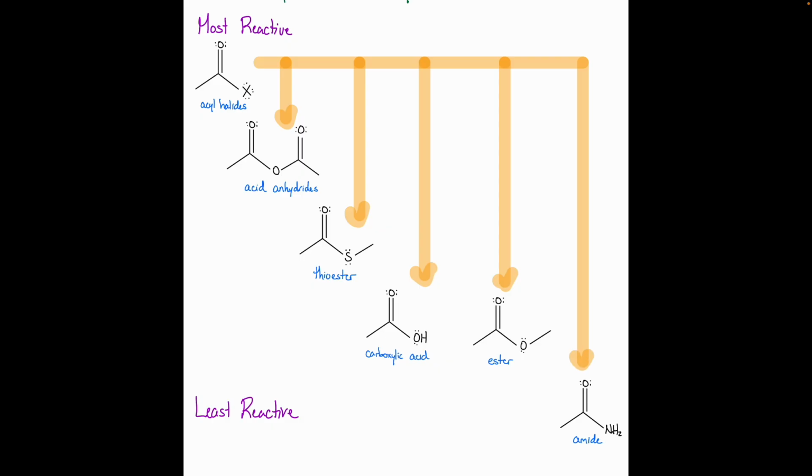All right, so how are we going to do it? Well, let's take a specific example. We're going to convert our acyl halide into a carboxylic acid.